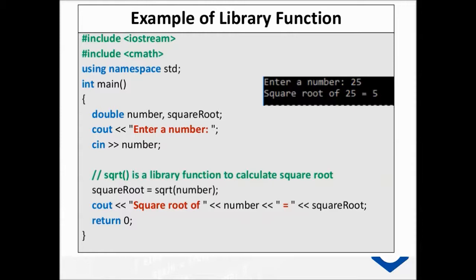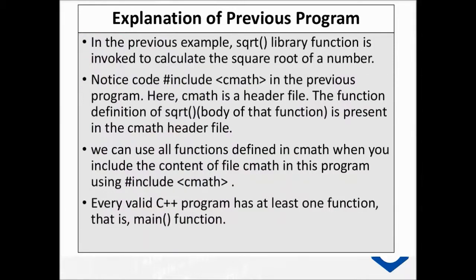For example, if the user enters 25, then the output is that the square root of 25 is equal to 5. Let's look at this program. In this program, the square root library function is invoked to calculate the square root of a number. Notice that the code includes cmath in the previous program.